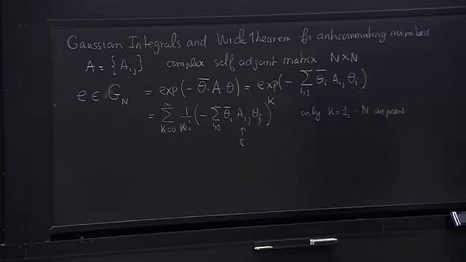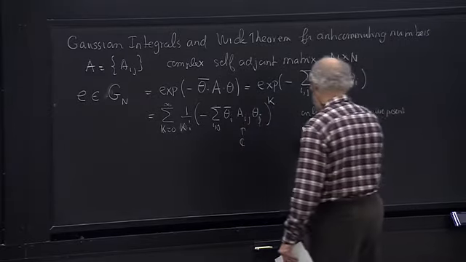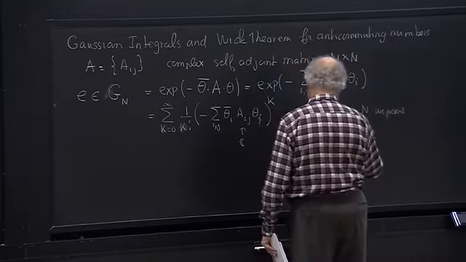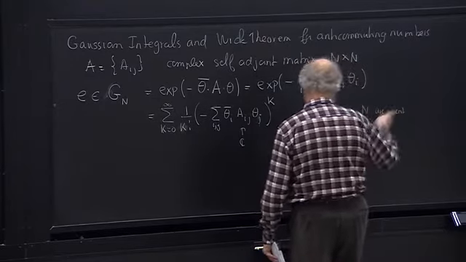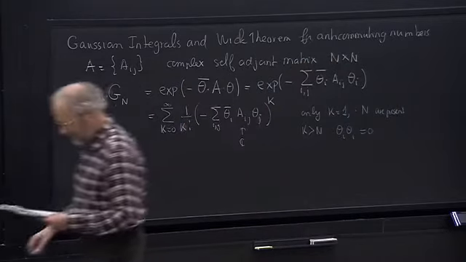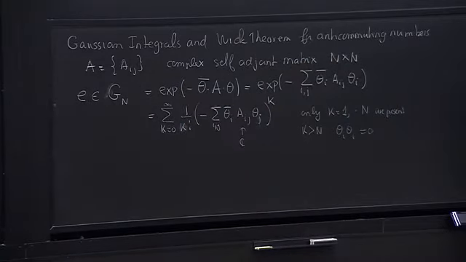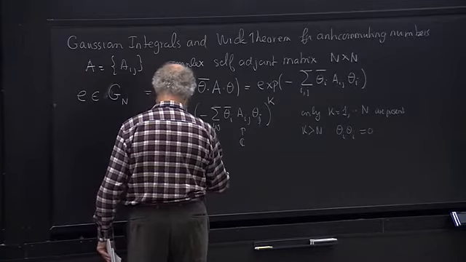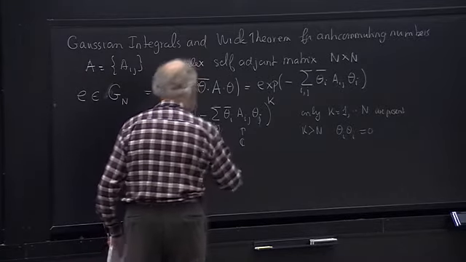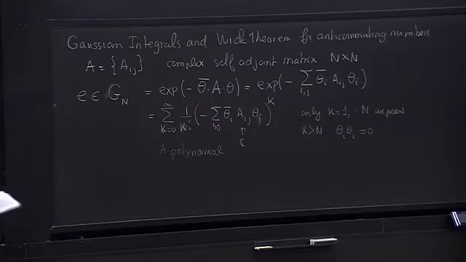Okay? So if k is larger than n, you are going to have some theta i which is 0, and some theta bar i equals 0. So in fact this sum is a polynomial. This is in fact a polynomial. So that's a difference with ordinary numbers. Okay, so for instance, let's consider n equal 1.